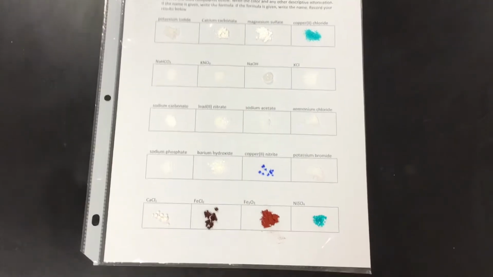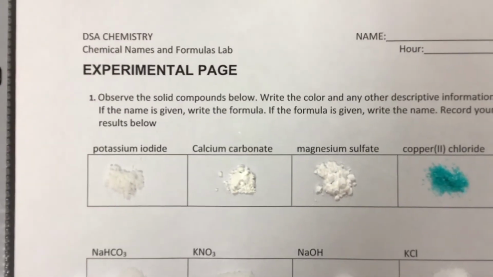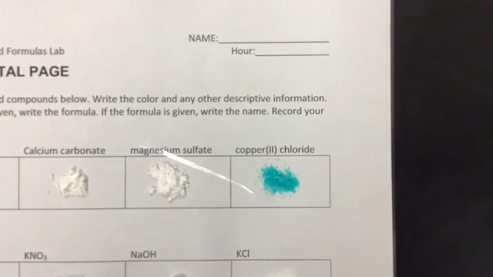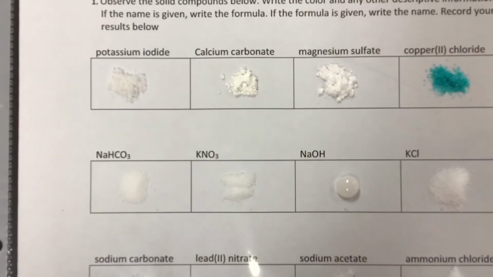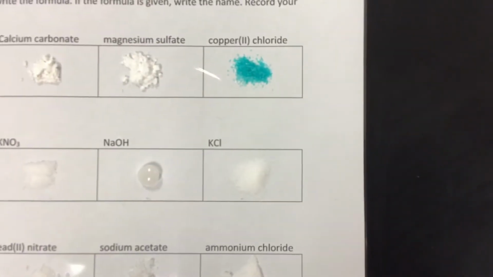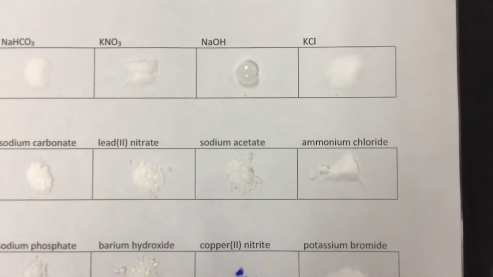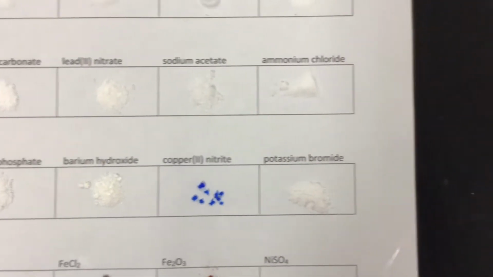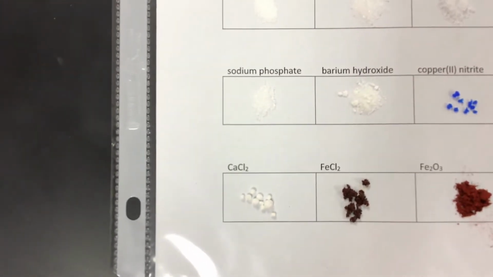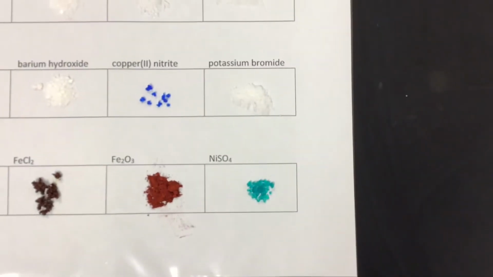I will go in one by one. Potassium iodide, calcium carbonate, magnesium sulfate, copper 2 chloride, NaHCO3, KNO3, NaOH, KCl, sodium carbonate, lead 2 nitrate, sodium acetate, ammonium chloride, sodium phosphate, bromine hydroxide, copper 2 nitrite, potassium bromide, CaCl2, FeCl2, Fe2O3, NiSO4.